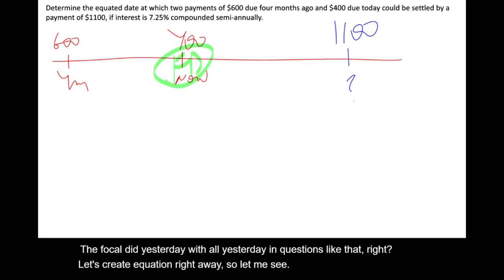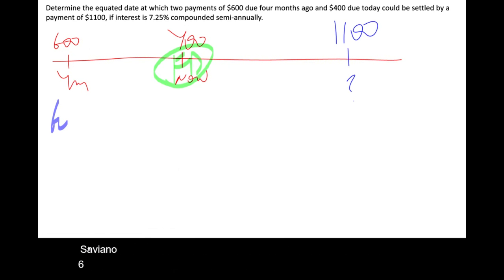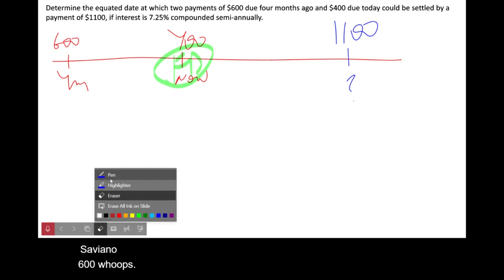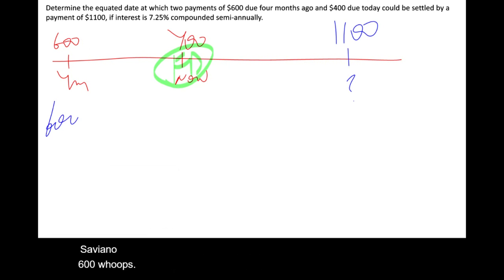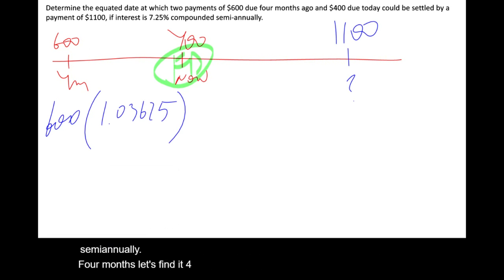So 600 times 1.03625 to the power of 4 over 12 times 2, that's 0.6 in period. That is n.